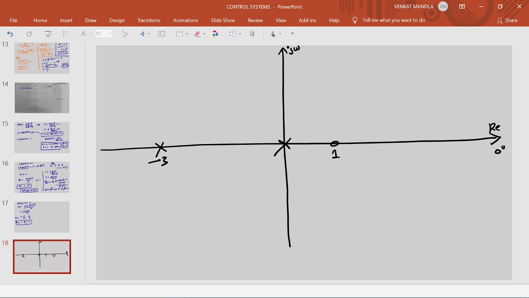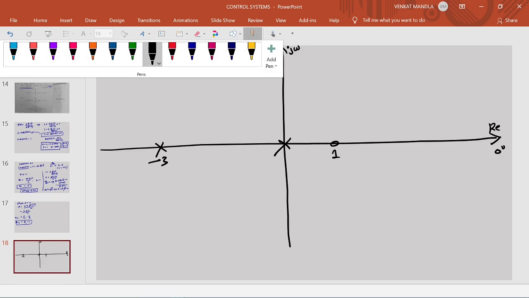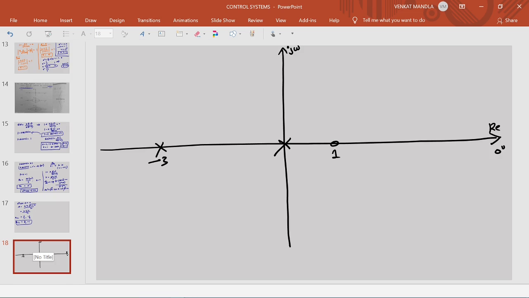The angle criterion here is even multiples of 180 degrees. So for a root locus or a complementary root locus to exist on the real axis, there must exist an even number of poles and zeros to the right of that point. Here in this region we have an even number to the right, and here also even.